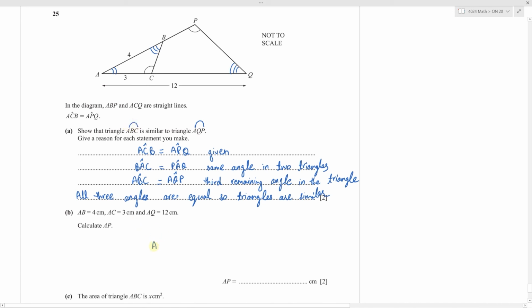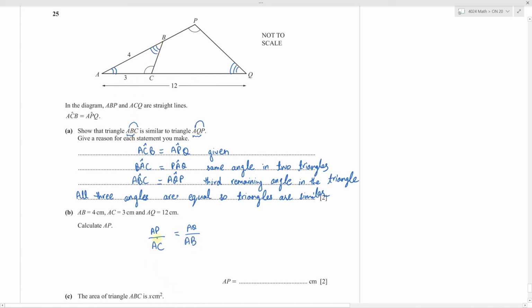So AP over AC, this ratio will be equal to, so I'm given the length AB, 4 centimeter, which is in the smaller triangle. So AB is this, the corresponding side is AQ in the larger triangle. So since I have the lengths of the larger triangle in the numerator, I need the length of the larger triangle, which is AQ, which are the first two letters of the larger triangle, divided by the corresponding length in the smaller triangle, which is AB.